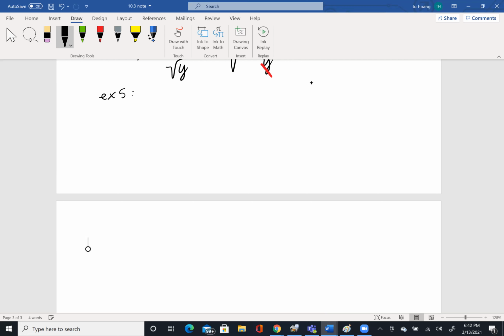Example 5. Simplify the radical expression. So let's say A.